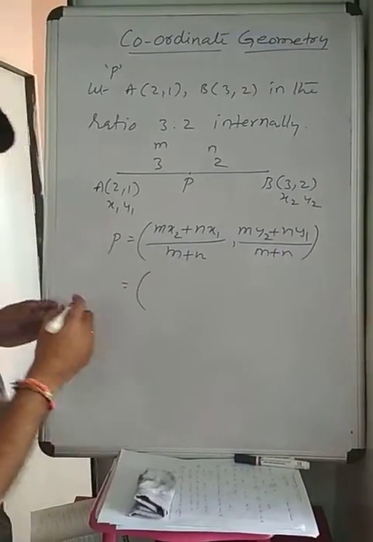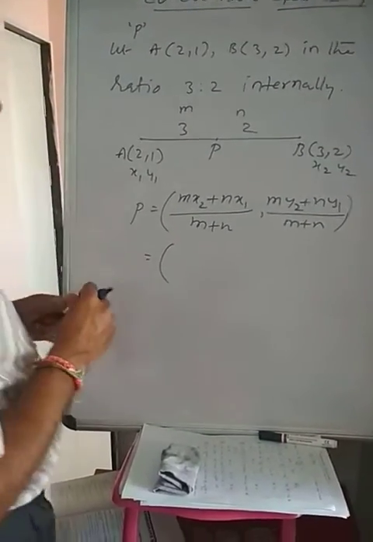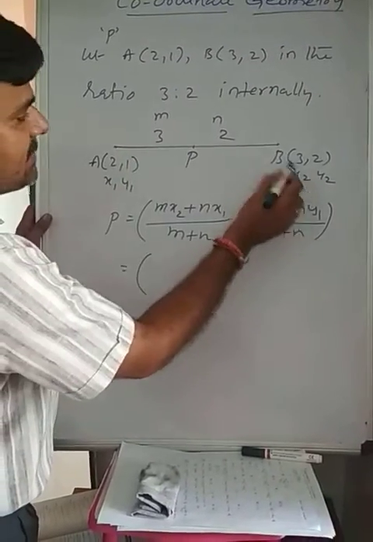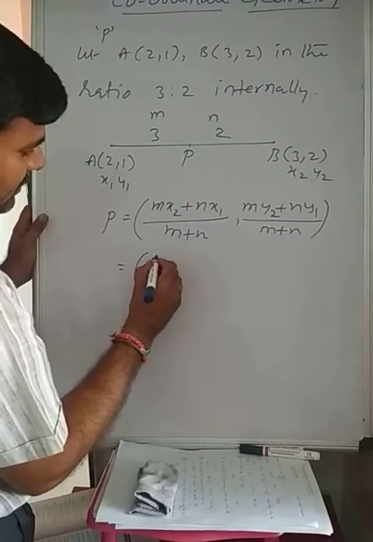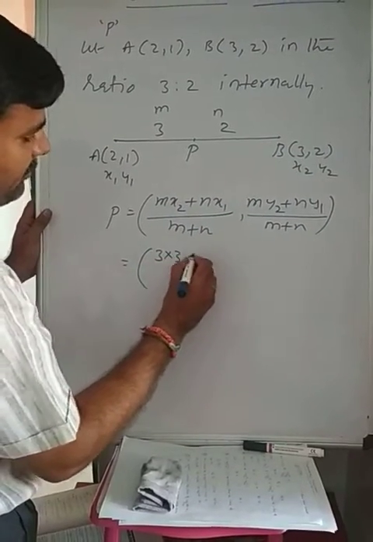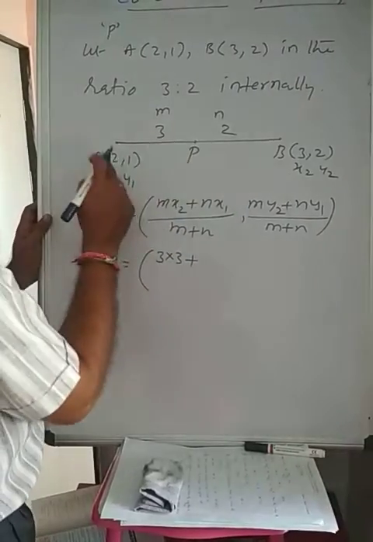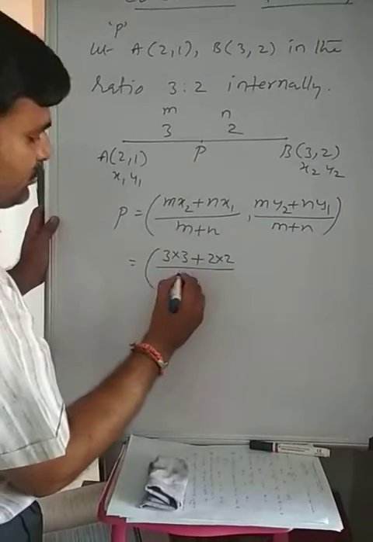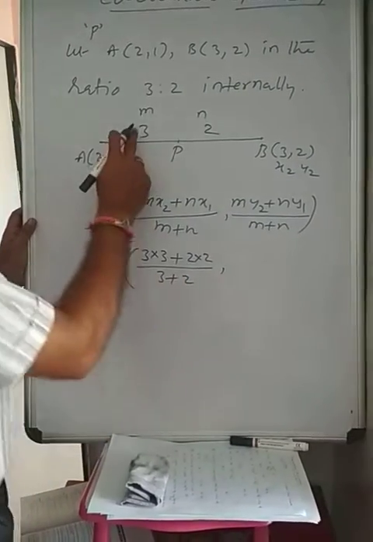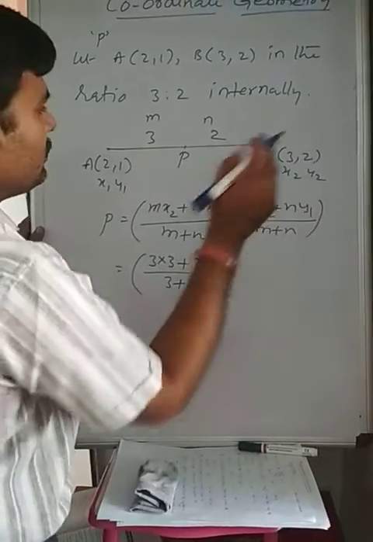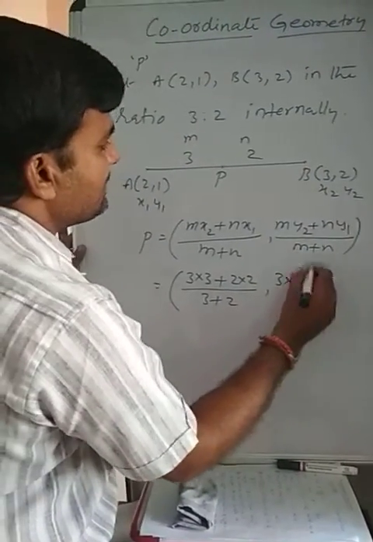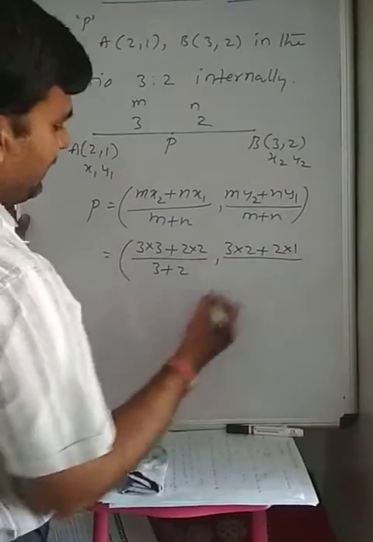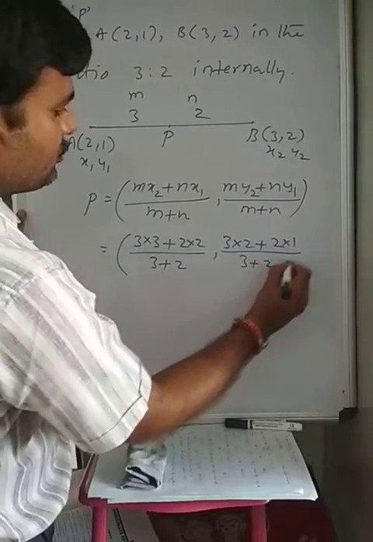Substituting: m is 3, so 3 into x2, 3 into 3, plus n x1, 2 into 2, divided by 3 plus 2, comma, 3 into 2 plus 2 into 1 divided by 3 plus 2.